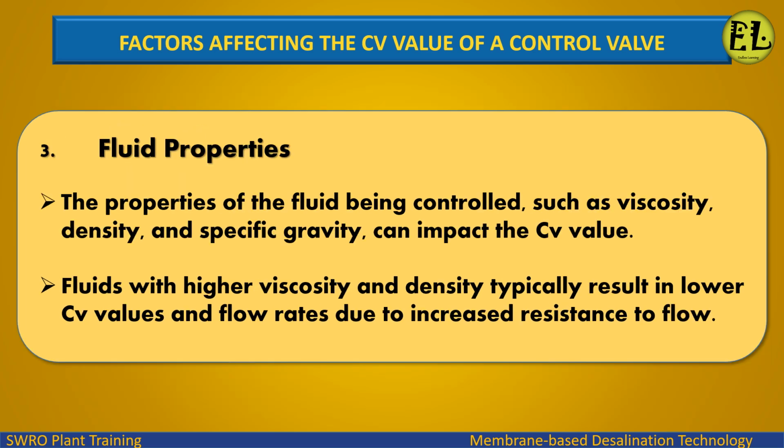Fluid properties. The properties of the fluid being controlled, such as viscosity, density, and specific gravity, can impact the CV value. Fluids with higher viscosity and density typically result in lower CV values and flow rates due to increased resistance to flow.